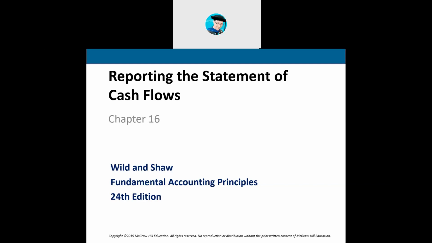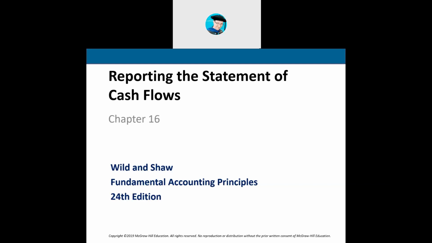And on the statement of retained earnings, you have retained earnings, which is formulated by net income minus dividends. Beginning balance retained earnings plus net income minus dividends equals retained earnings.